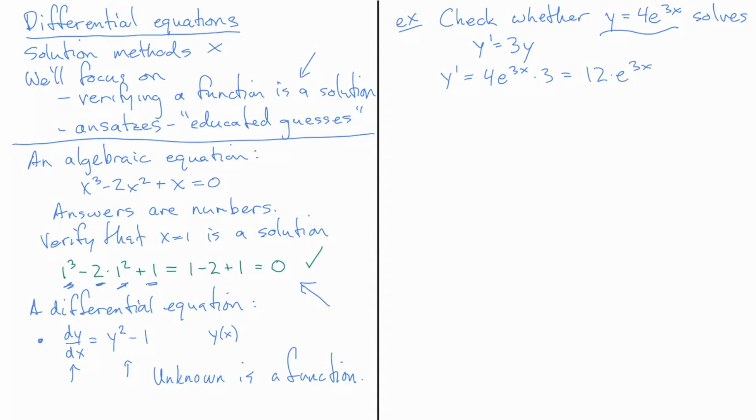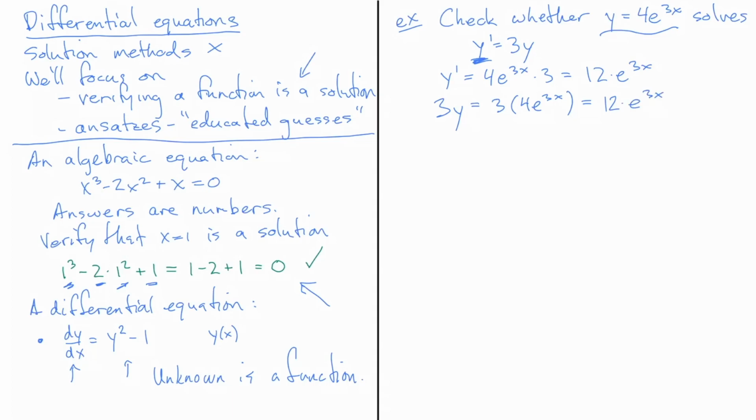So that is the derivative, and that's the quantity that I want to put on this side. And now let's compare that to the quantity on the other side, which is 3 times y. So there I take 3 and I multiply it by 4e to the 3x. And when I calculate that, I get 12 times e to the 3x.